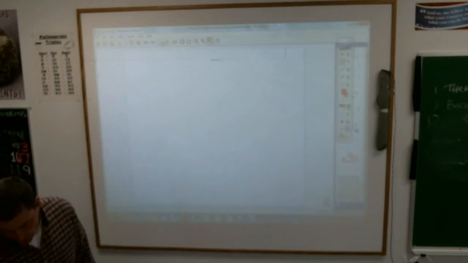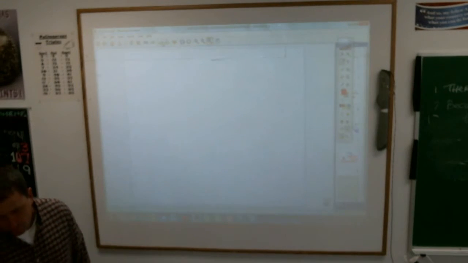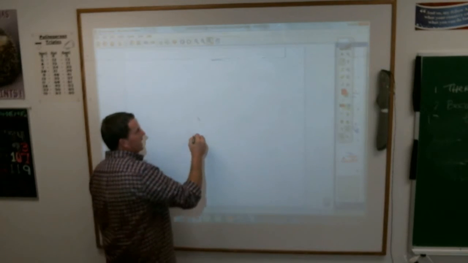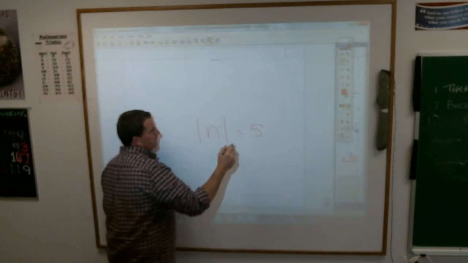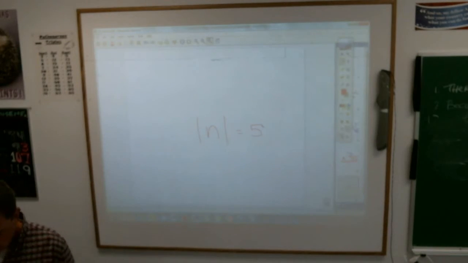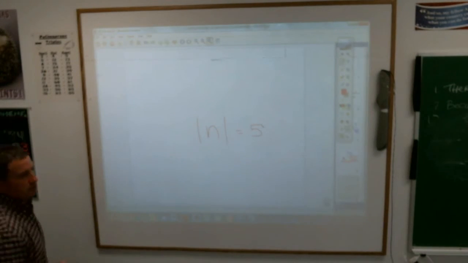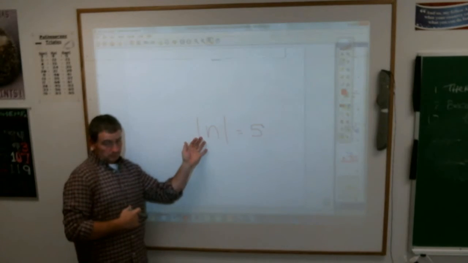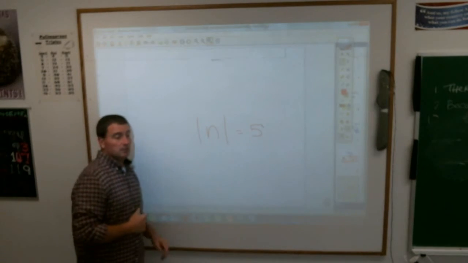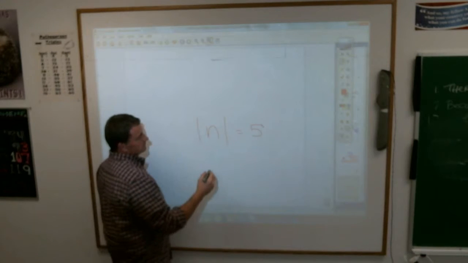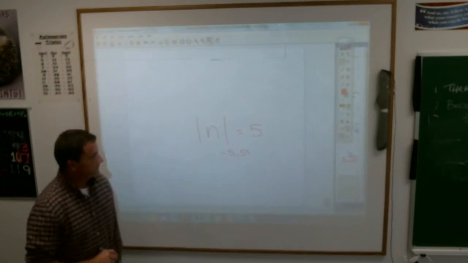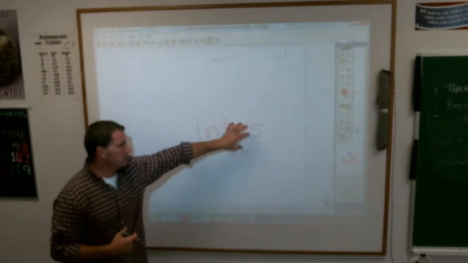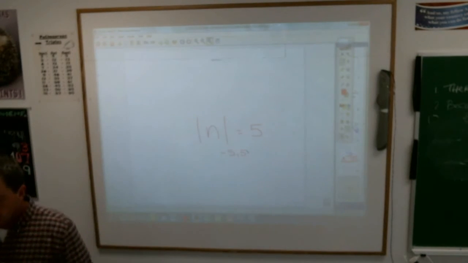The book says the absolute value of n equals 5. The question is, what two numbers could n be? Logan? -5 and 5. Correct, -5 and 5, because if you put a -5 in there, it becomes +5. If you have +5, it stays +5.